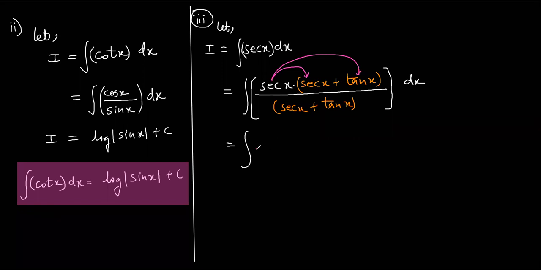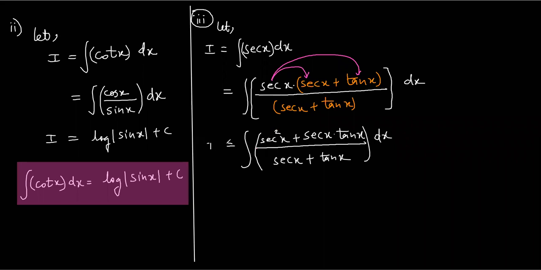So you will get sec square x plus sec x tan x divided by sec x plus tan x dx. Sec square x plus sec x tan x upon sec x plus tan x.